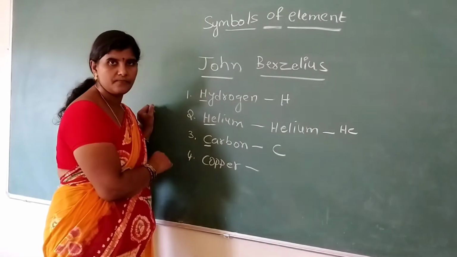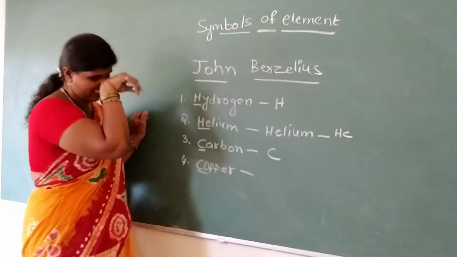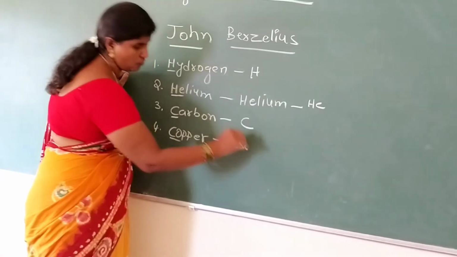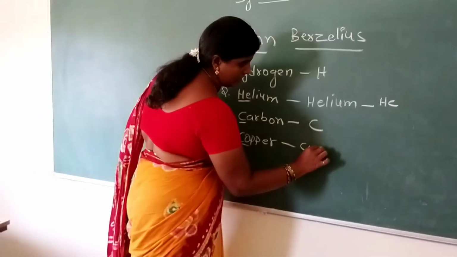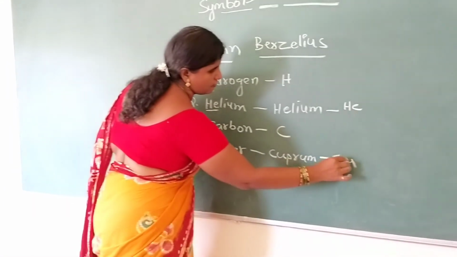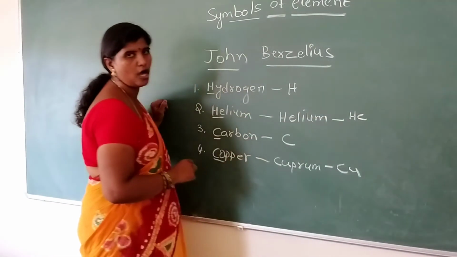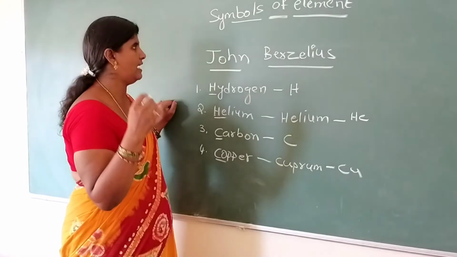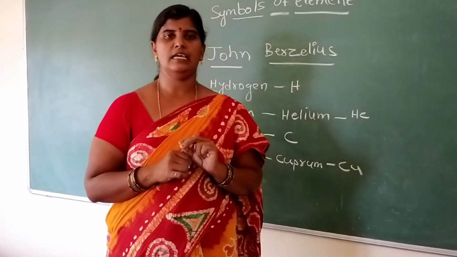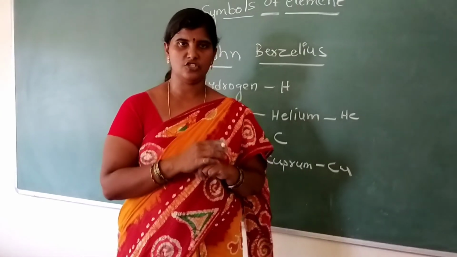We will learn this in further activities. So we write not CO, but Cu. Why? The Latin name is cuprum, so we write Cu. The first letter is always capital and the second letter is small. Like this, we can learn the symbols of elements. It is very easy to write and also to place in the chemical reaction.